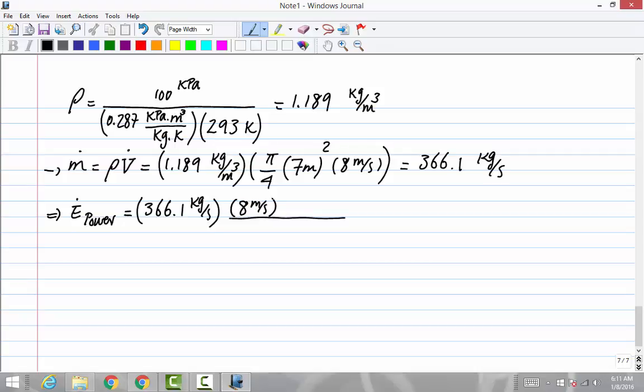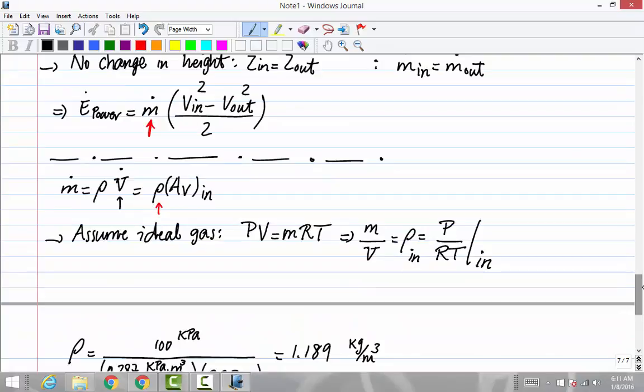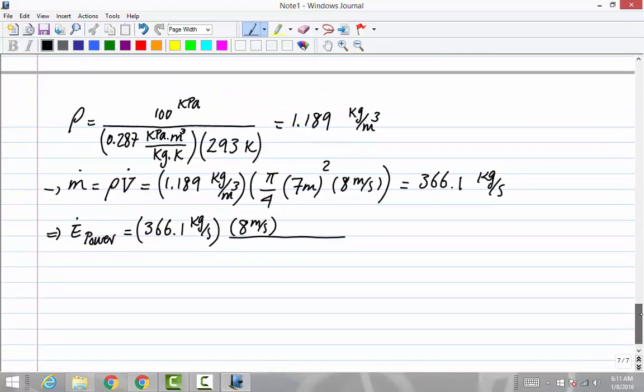This is at the inlet. Inlet squared minus outlet squared, 6.5 squared, it's given, divided by 2. Oh, so everything is in kilograms, seconds, and meters.